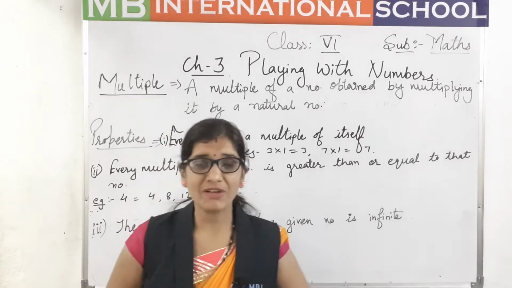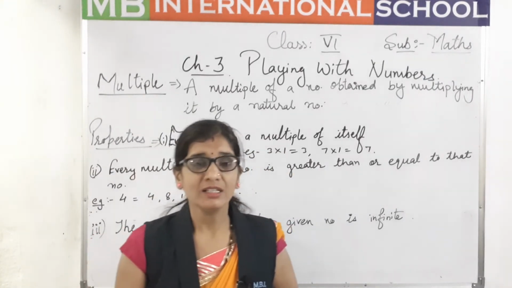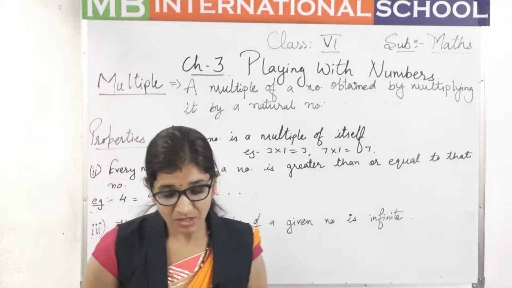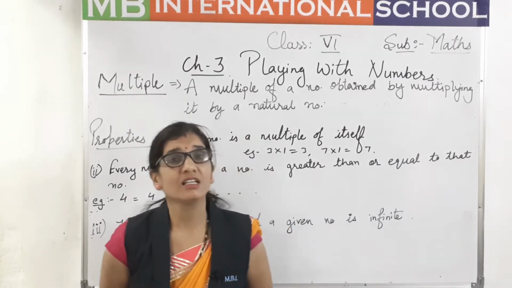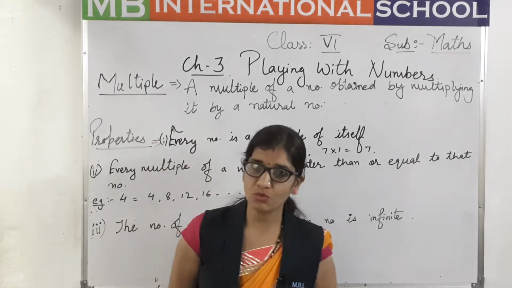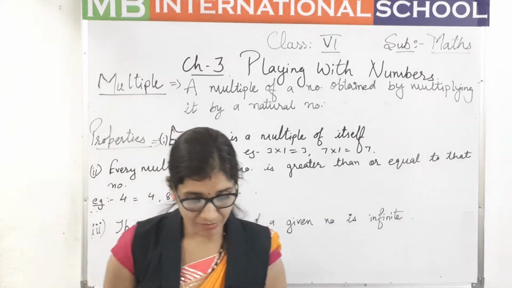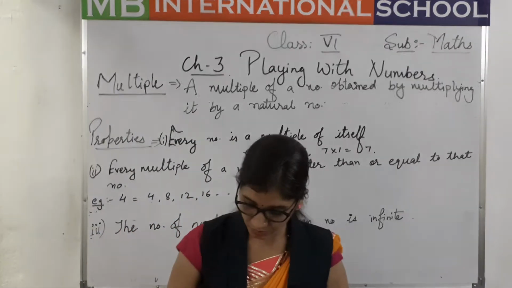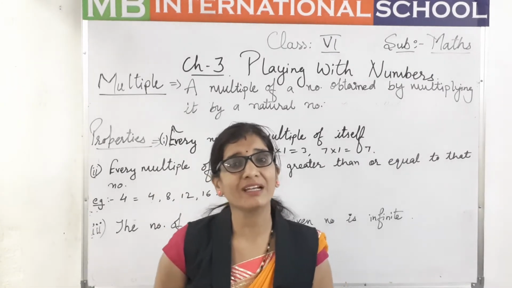So if we add the factors of that number, the result is 12, which is twice the number, that is, 6 multiplied by 2 is 12. So if we get the same answer, then it is a perfect number.